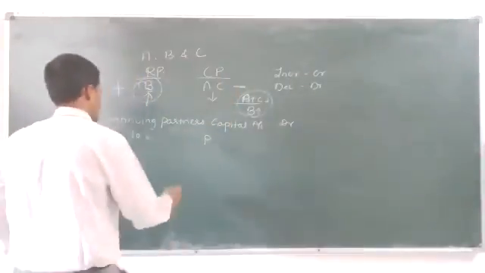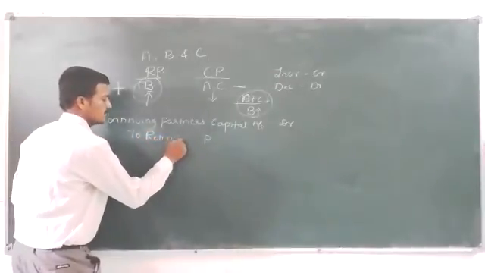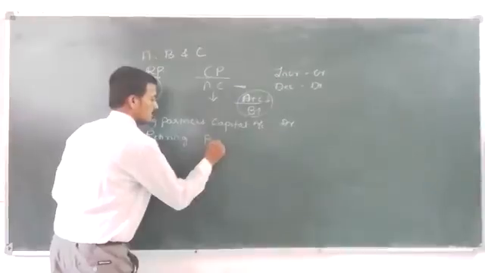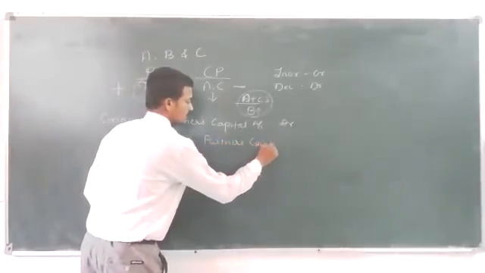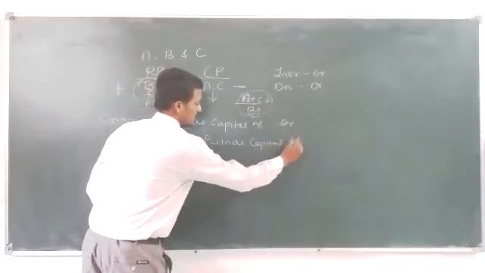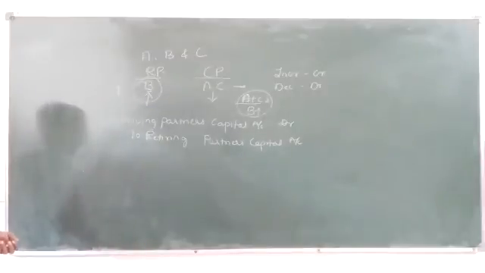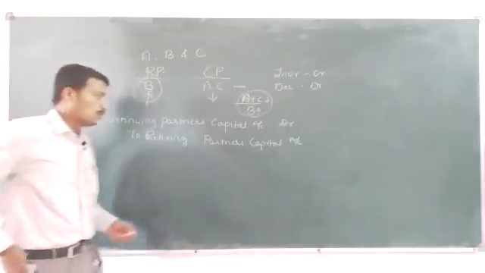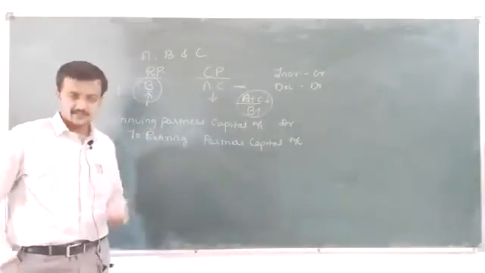Who is Mr. B? Mr. B is the retiring partner. This is a very important entry which you need to remember: continuing partners' capital account debited to retiring partner's capital account. I request you to note this down.